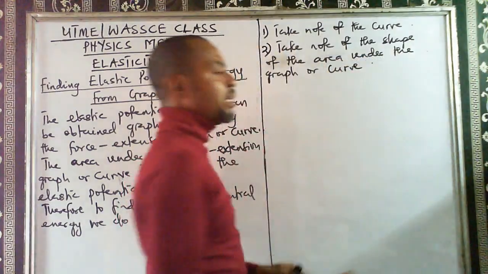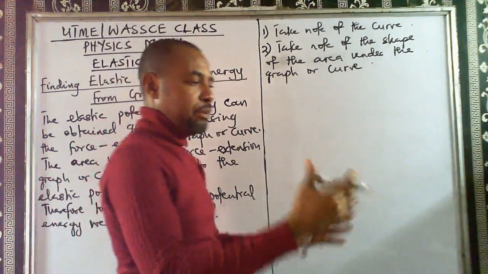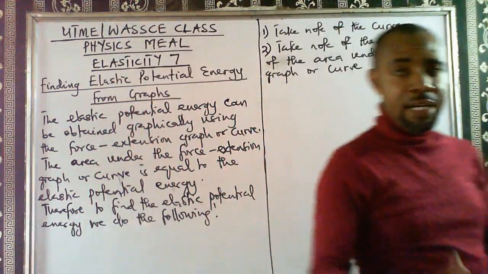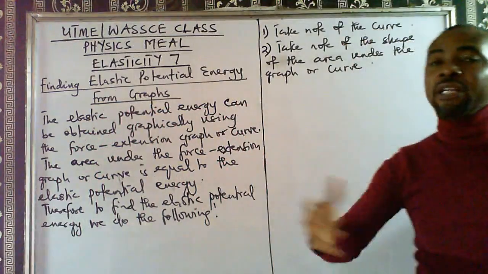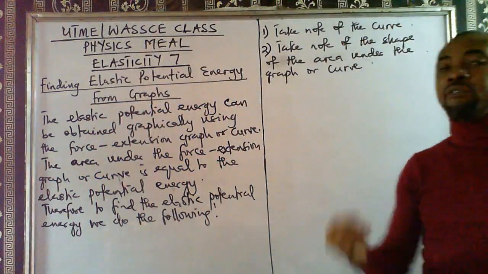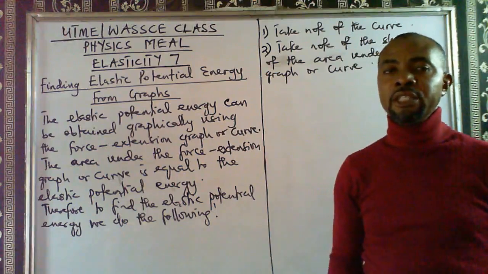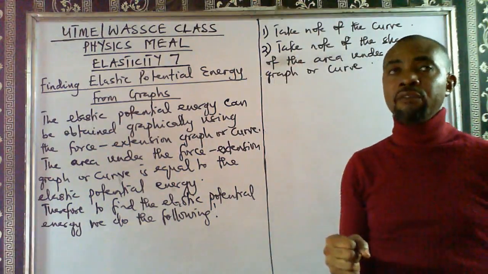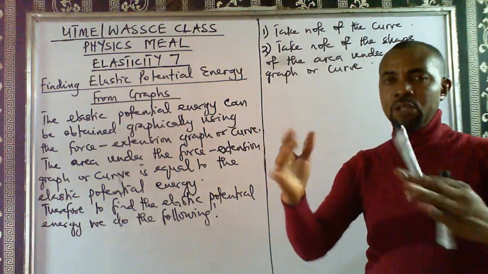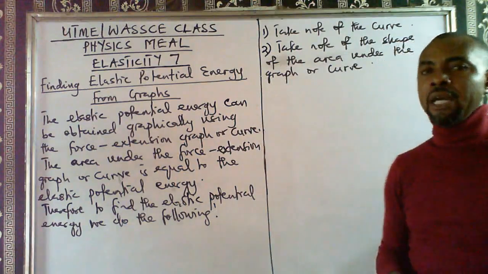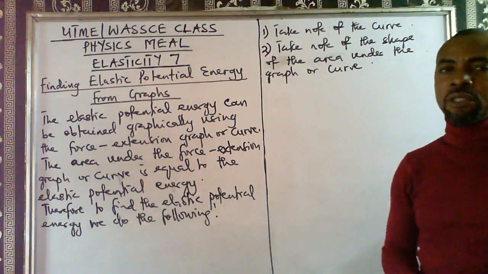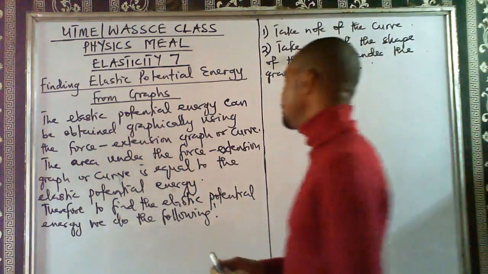So when you have the graph, note the shape of the area. Remember, we have said the area under the curve or under the graph is your elastic potential energy. So check the nature and shape of the area under that graph.